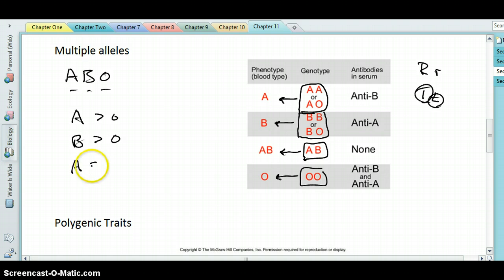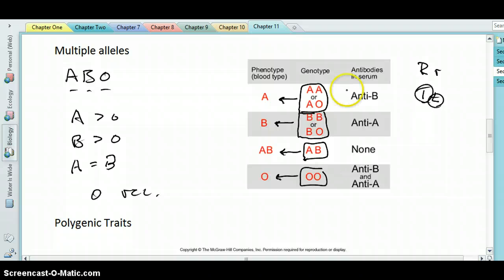What about A and B? A and B are basically codominant. In the heterozygote here, they are both expressed. You have AB type blood. And what's O? O is the recessive allele in this situation. In order to have O-type blood, you have to have two copies of the O allele.